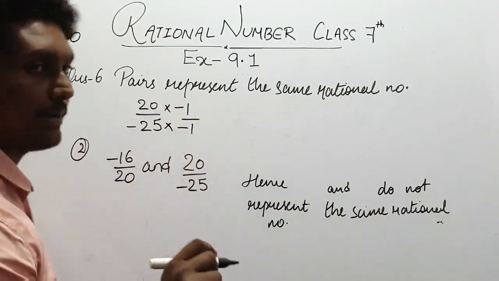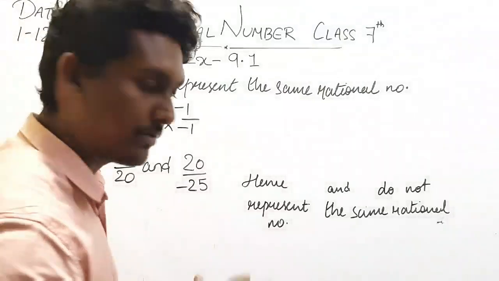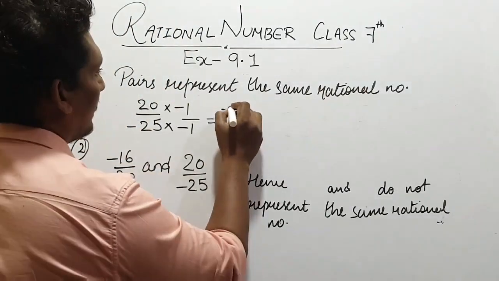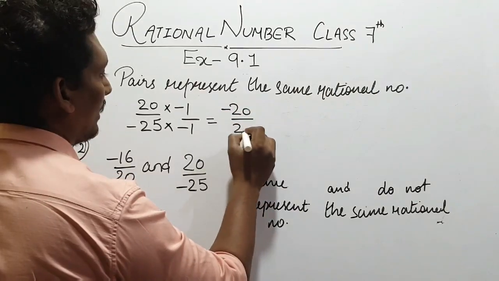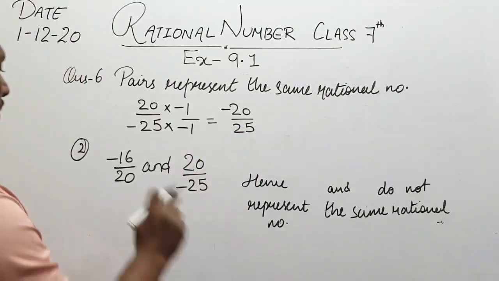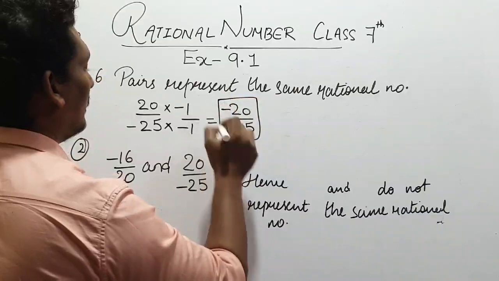Why are we multiplying with -1? So that this negative sign and this negative sign get cancelled, right? So it will become -20 upon 25. Okay, so we got the new rational number here.